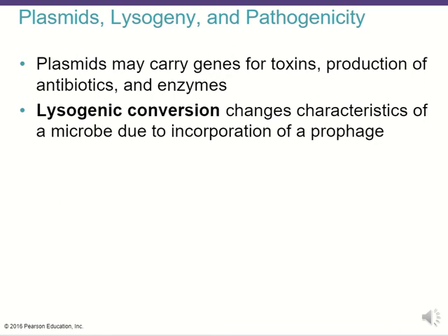Lysogenic conversion involves changes in characteristics of a microbe due to the incorporation of a prophage, where some virus inserted its genetic material that eventually altered the genetic material of the host bacteria, causing potential changes such as inserting genes for greater resistance to certain antibiotics, or making the cell stronger or weaker to certain conditions.